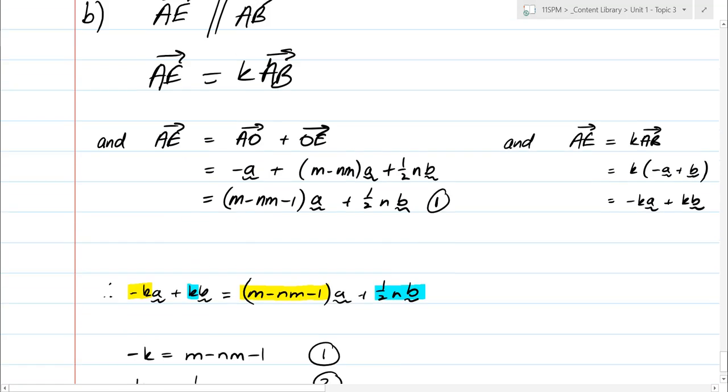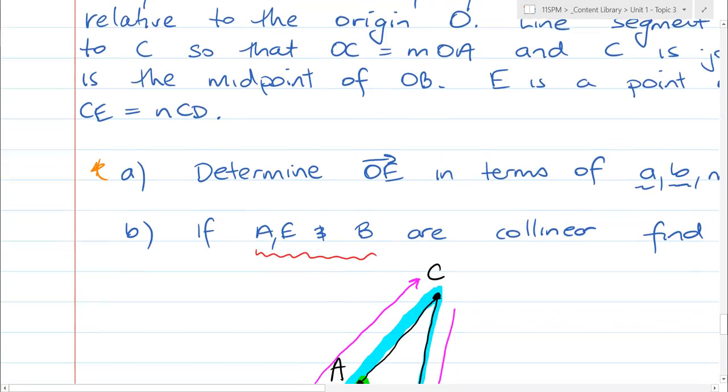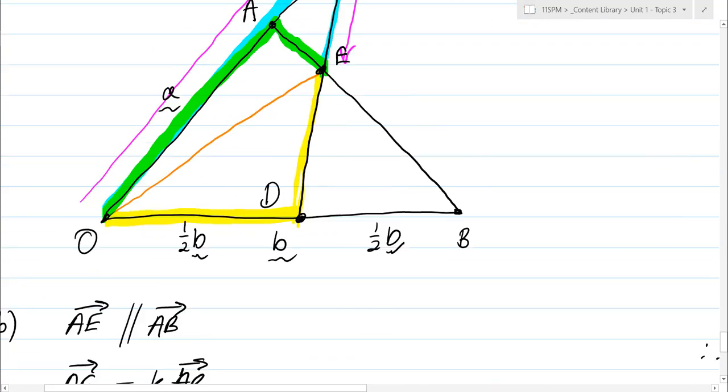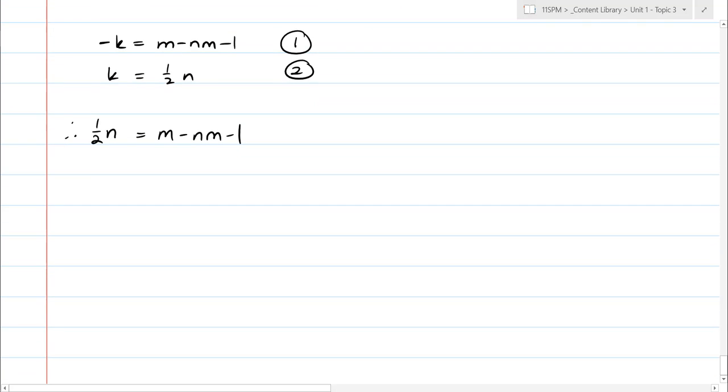And now the question says, if A, E and B are collinear, find M in terms of N. So let's find M in terms of N. I'm going to add 1 to both sides. Half N plus 1 equals M minus NM. So that means M, 1 minus N there, half N plus 1.